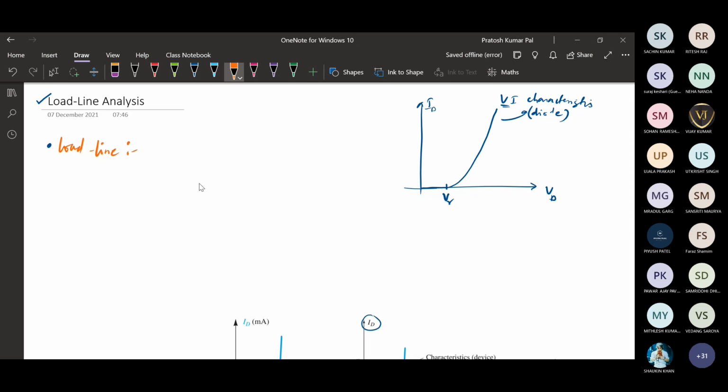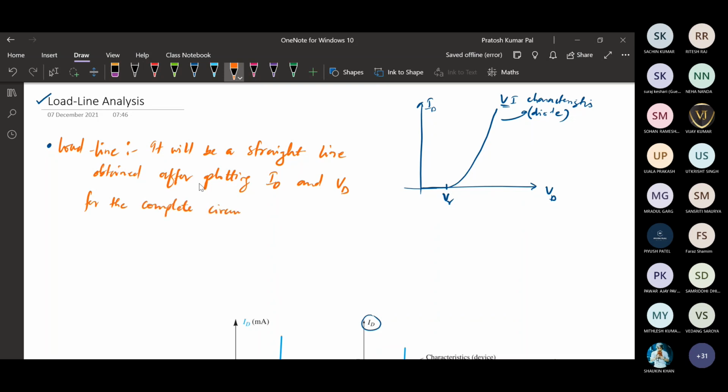So the load line is a straight line obtained after plotting ID and VD for the complete circuit, or complete network.